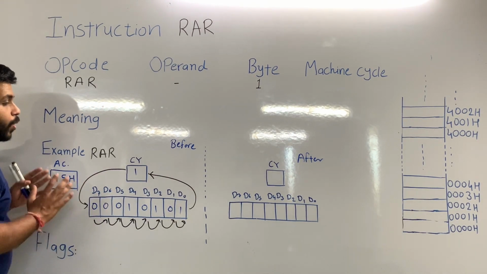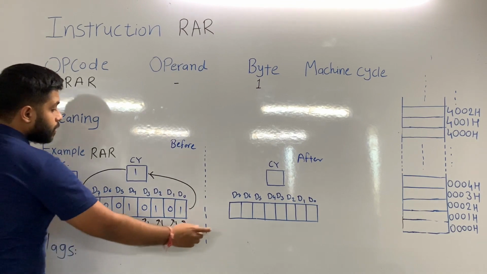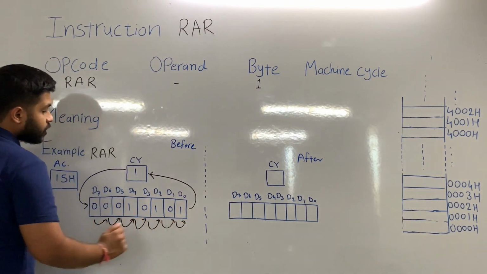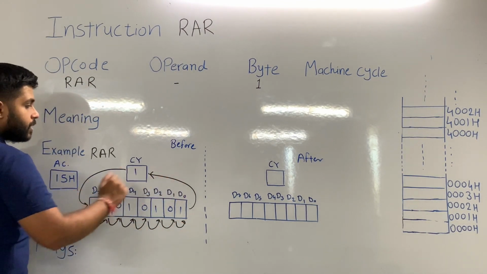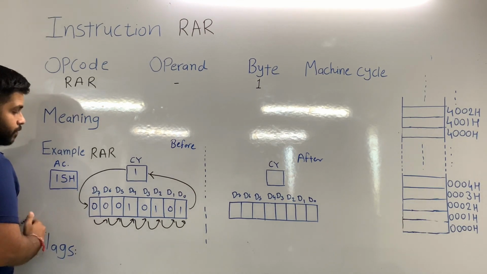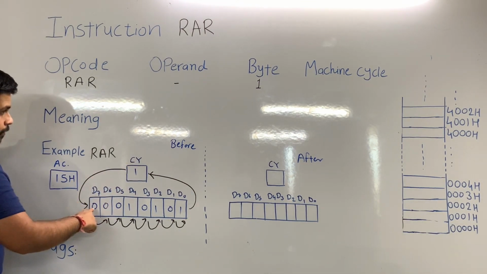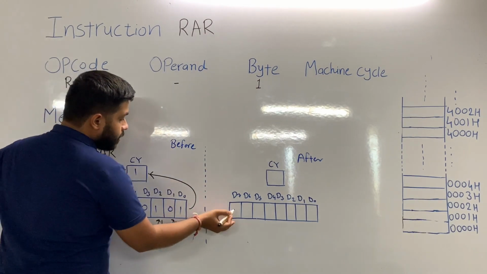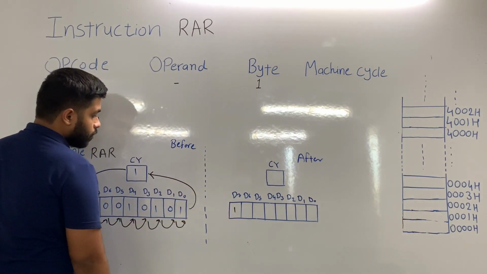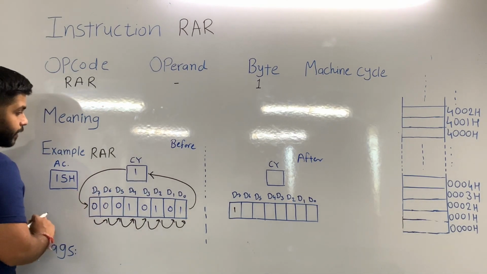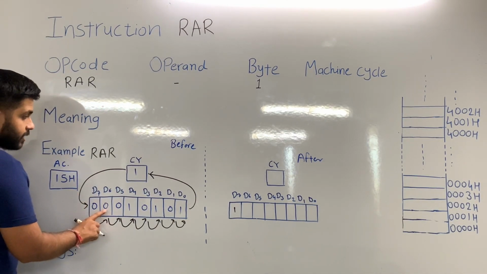Now can you tell me what will be the value of the accumulator when this instruction is executed? What will be the value of D7? You can see that in D7 the carry is shifted. So in D7, 1 will be present, which is the carry shifted. What will be the value of D6?